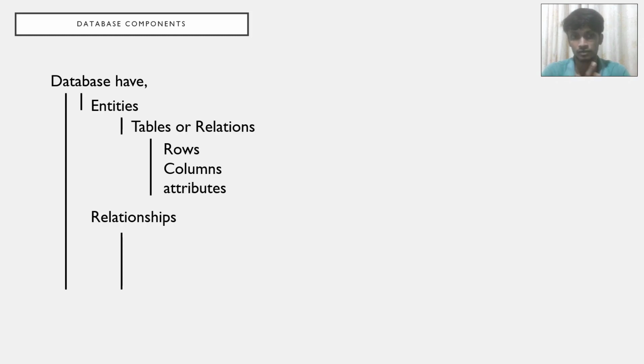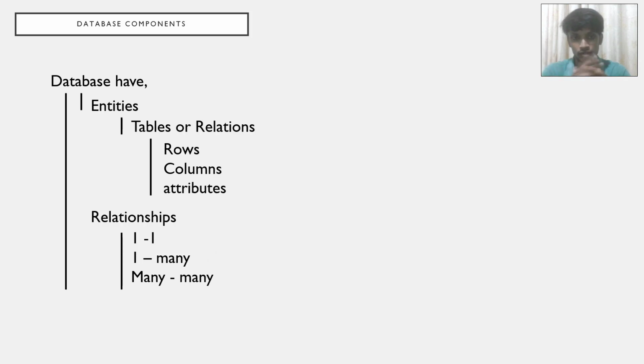This term is one of the major aspects that we can identify in database management systems. There are three types of relationships.